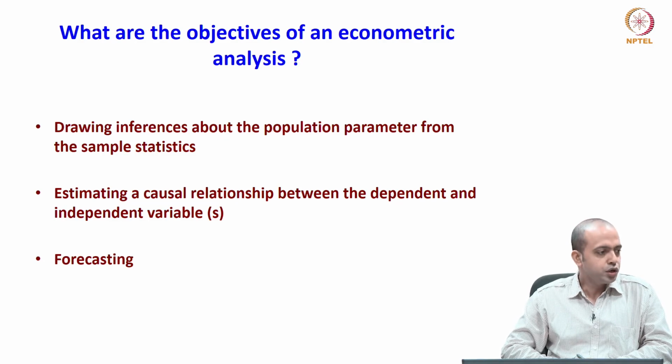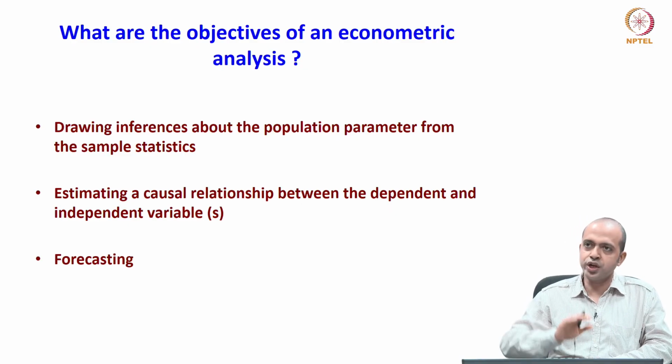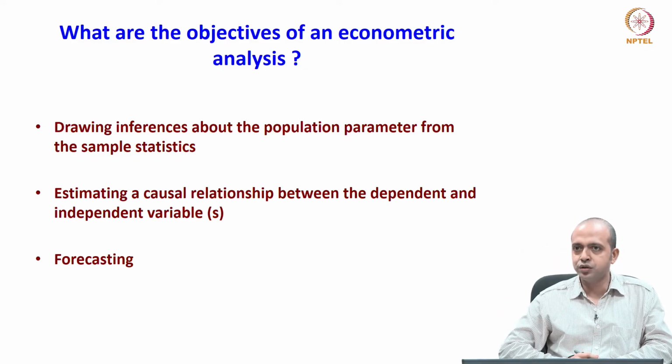our discussion on the objectives of an econometric analysis. Firstly, drawing inferences about the population, specifically about the population parameters alpha and beta, with the sample statistics alpha hat and beta hat, and then estimating a causal relationship between the dependent and independent variable. How will you get the relationship?